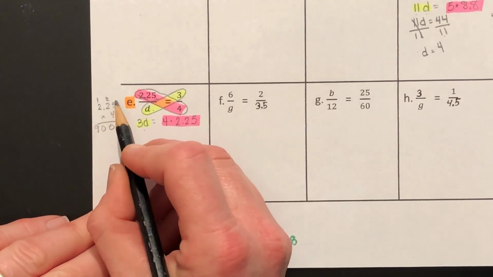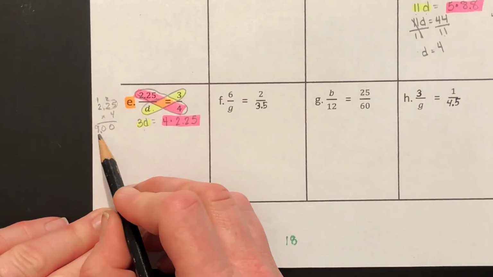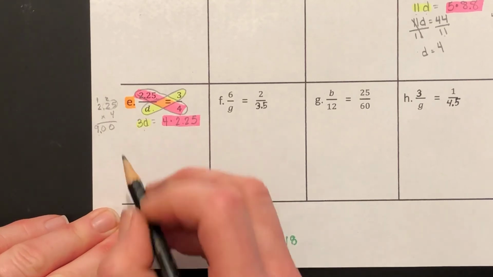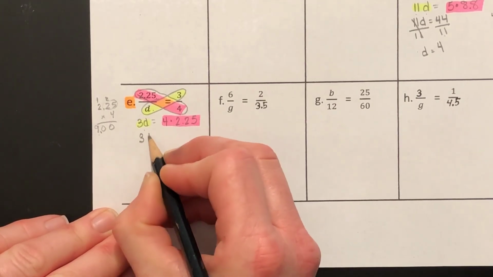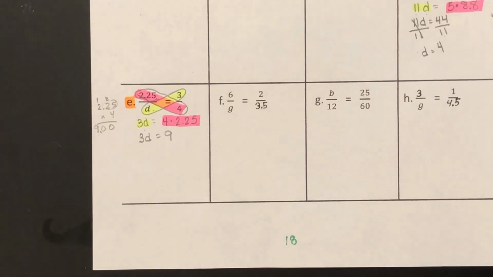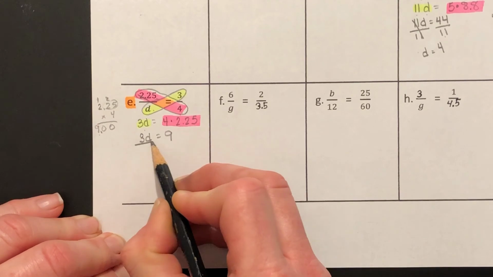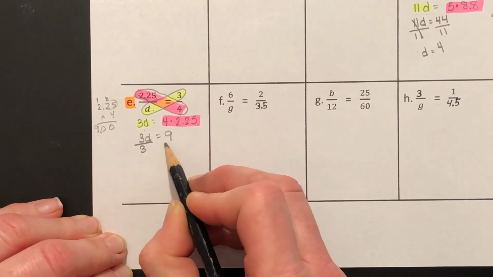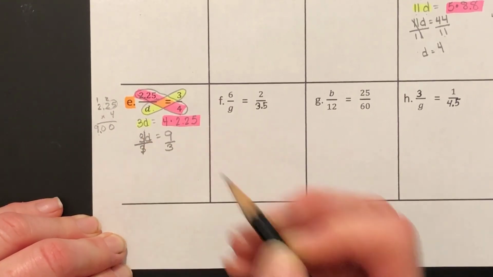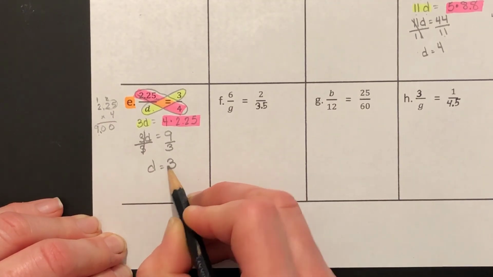Got 2 digits to the right, so that makes that 9. So I have 3D equals 9. To isolate the D, I will undo the times 3 by dividing by 3. D equals 3.